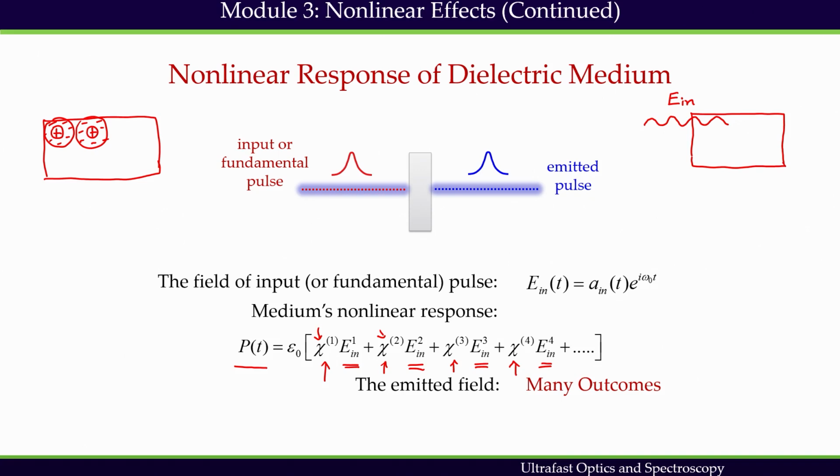So what happens is, due to the input electric field, we distort this electronic cloud. Let's say we distort it this way. This is positive, this is negative. But this distortion is not a static distortion.